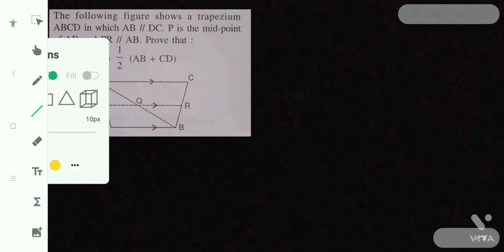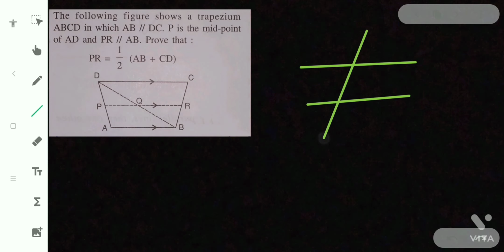Now, before going into the question, let me ask you something. That is, when two parallel lines are drawn and one transversal is going on, you know what all our angles are equal to each other.